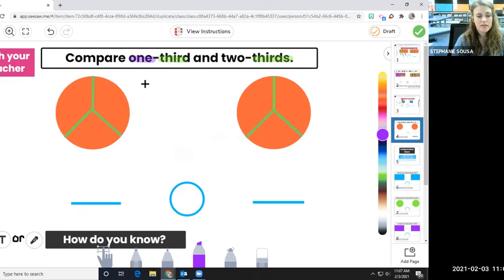This fraction says 1/3. So I'm going to choose one piece and I'm going to shade that one piece. And that gives me 1/3.